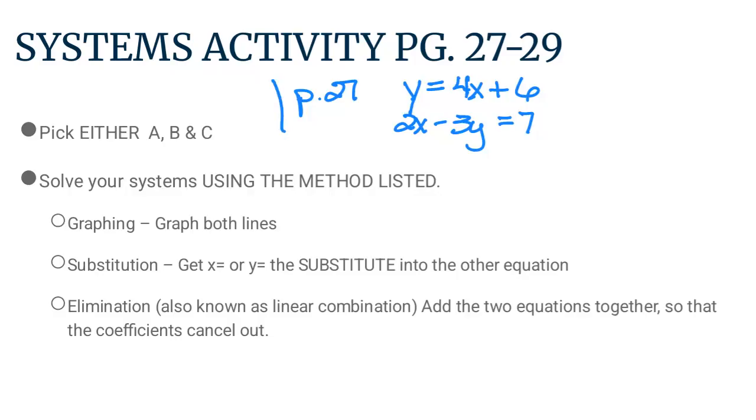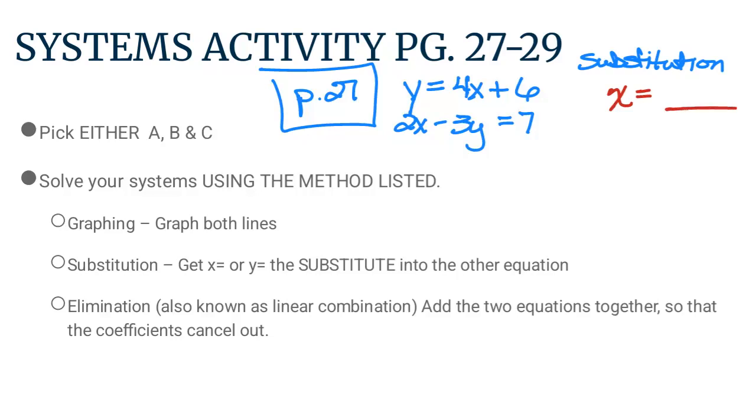So everybody, we're on page 27, doing the substitution method, because we're not seeming to get the right answer here. Substitution means you are always looking for x equals something or y equals something, right? Because we want to substitute that one variable in for the other one.